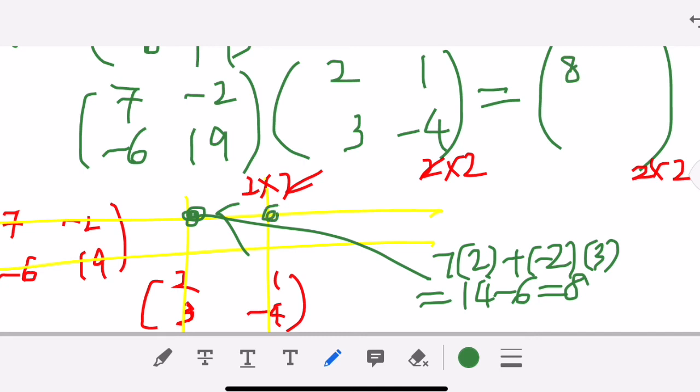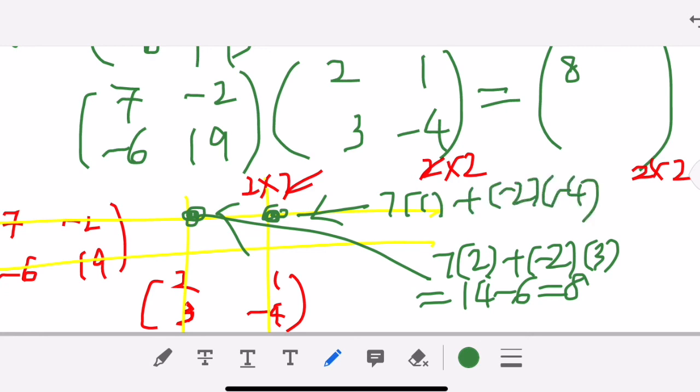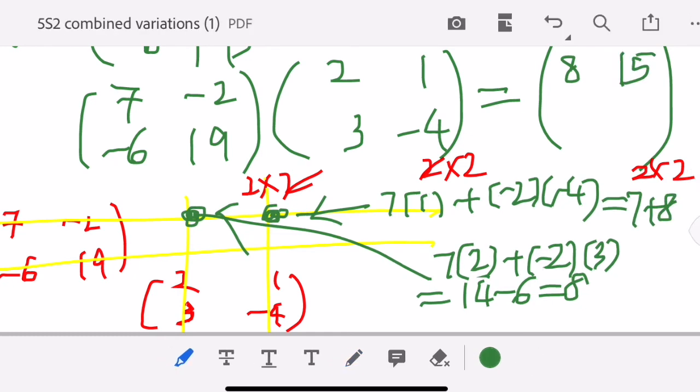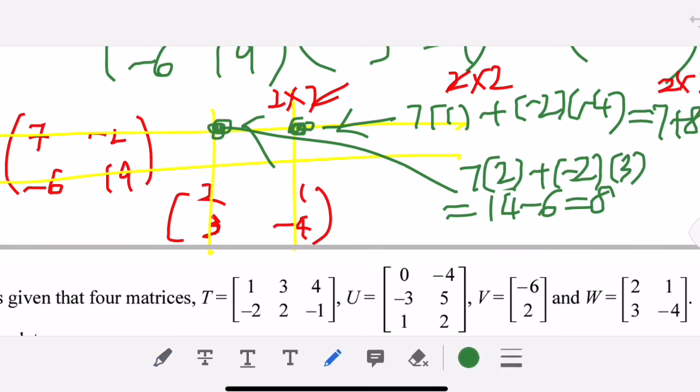And then for this one, you will get 7 times 1 plus -2 times -4. So you will get 7 plus 8, which is 15, right? Can you understand? And for this one, you take -6 times 2 plus 19 times 3.